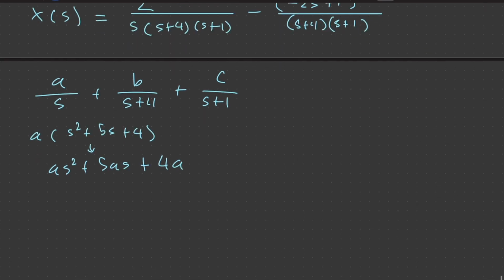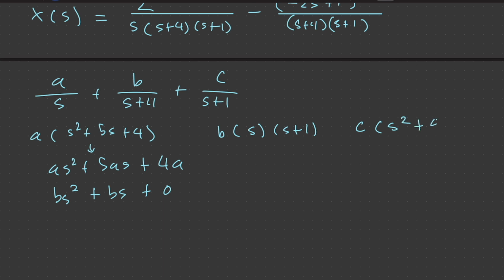Right. Now for b, it's going to be b times s and s plus 1. Okay. So it's going to be bs squared plus bs plus 0 for the constant term. And then we're going to have c times s squared plus 4s, right?